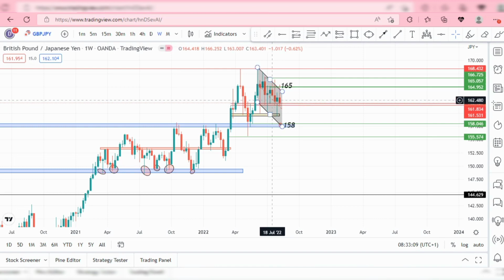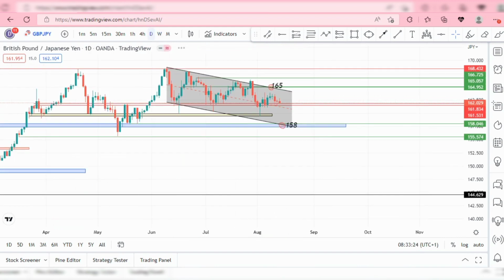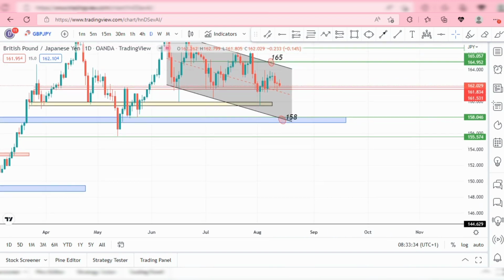Every time price got into that level, price quickly rejected above it. So any candlestick that breaks below that area would mean that area has finally been broken and price would continue to the downside. And that applies not only on the weekly time frame but on the daily time frame as well. If price closes strongly below that 162 level, then most likely price will continue to the downside.